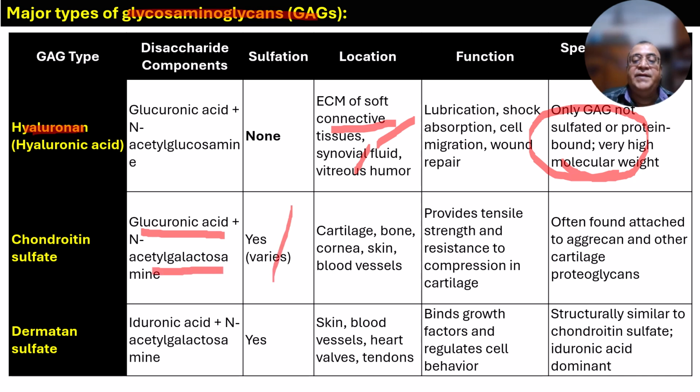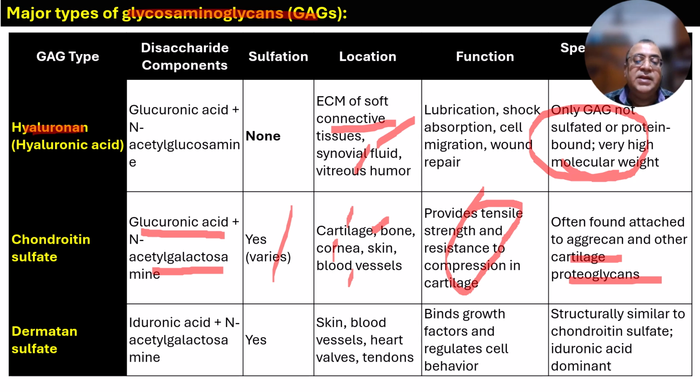It is sulfated and present in cartilage, bone, cornea, skin, and blood vessel. It provides tensile strength and resistance to compression in the cartilage. It is often found attached to aggrecan and other cartilage proteoglycans.